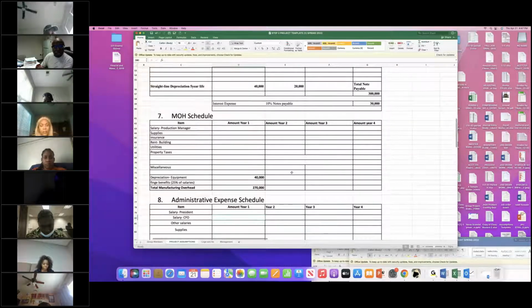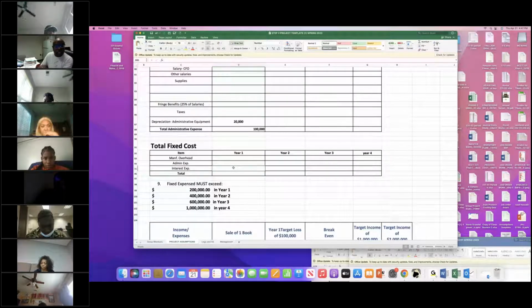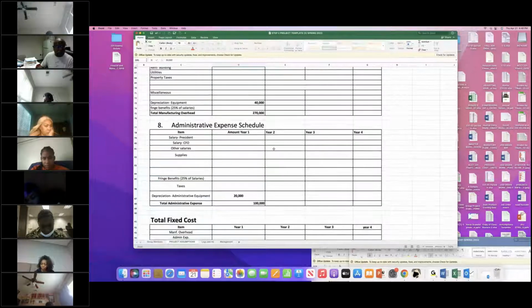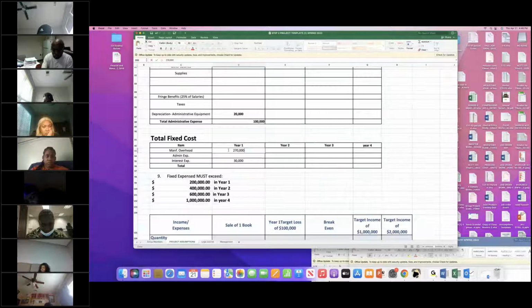So basically, we got interest expense of 30,000. That's a fixed cost. Then the manufacturing overhead was 270. And we said the administrative expense was 100,000.